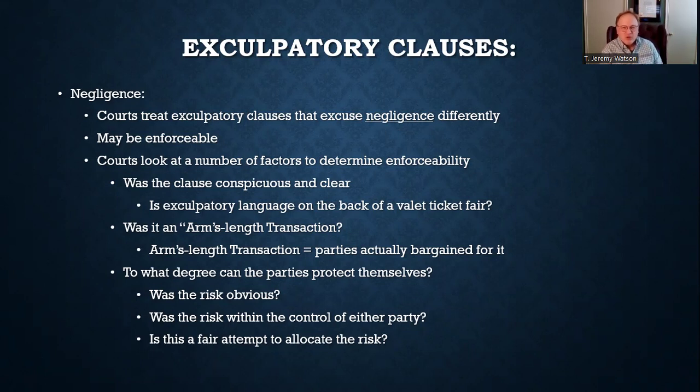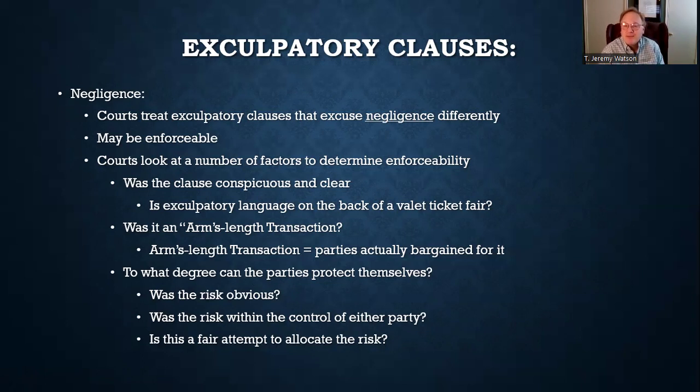The court may also look at the bigger picture. The court may look at to what degree could either party protect themselves from the risk, right? If one party is far more capable of protecting itself against the risk, then it may be fair to excuse the other side for negligence, right? They may look at, was the risk obvious? Was the risk within the control of one party or the other?